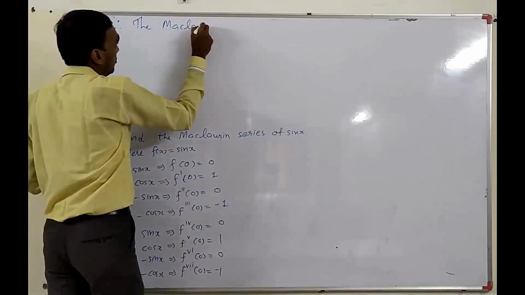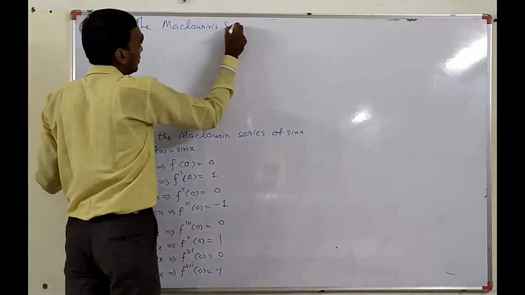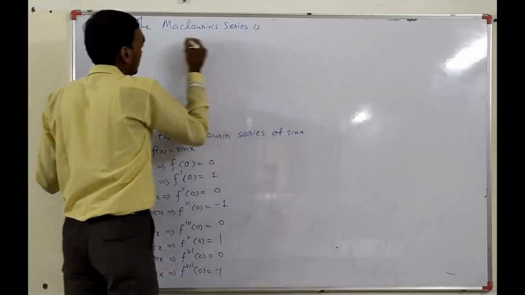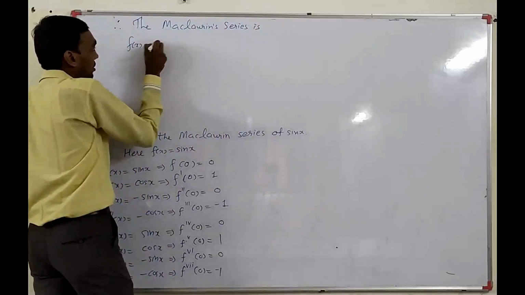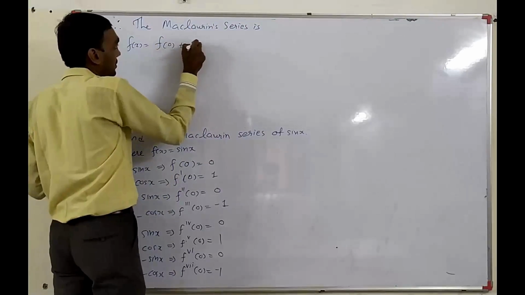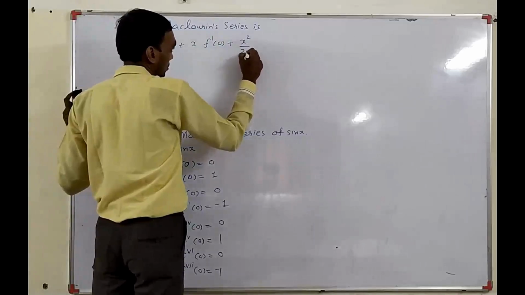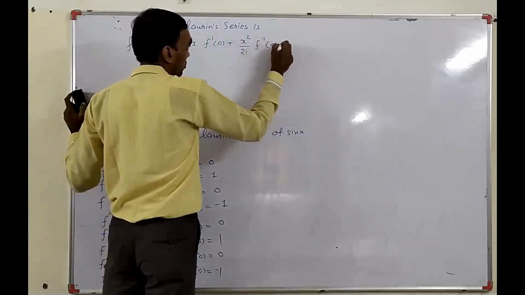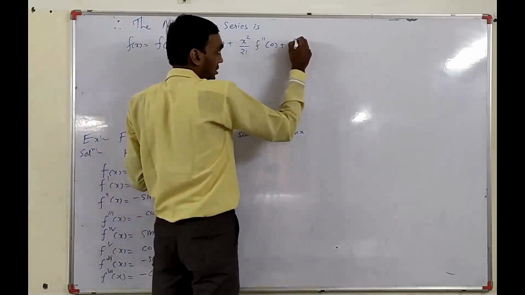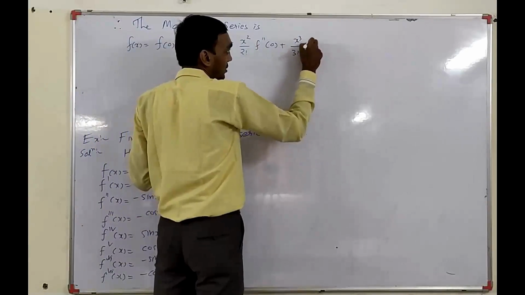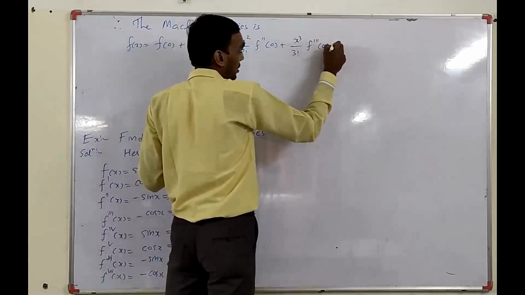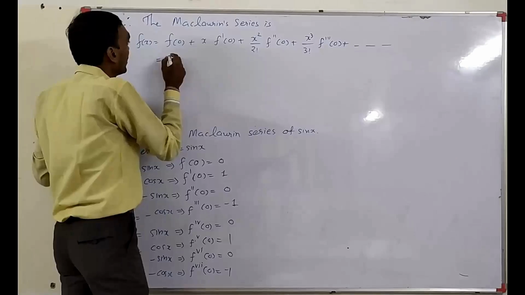The Maclaurin series is f(x) = f(0) + x f'(0) + x^2/2! f''(0) + x^3/3! f'''(0).